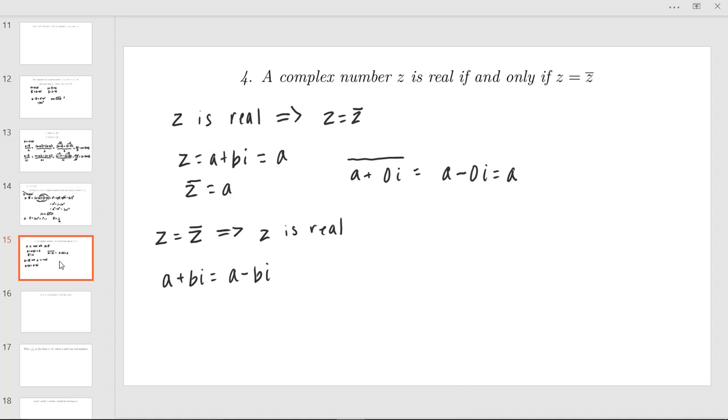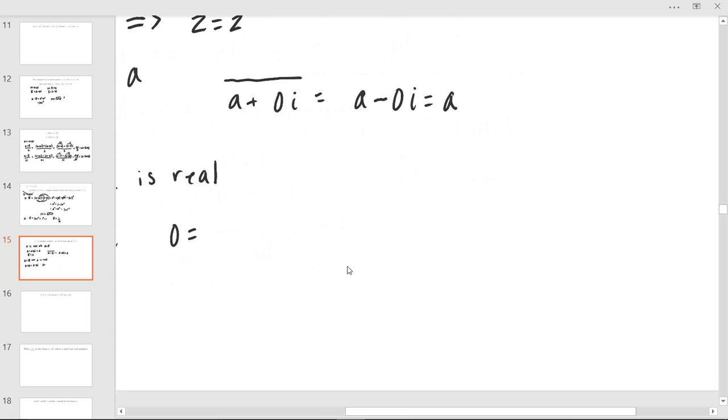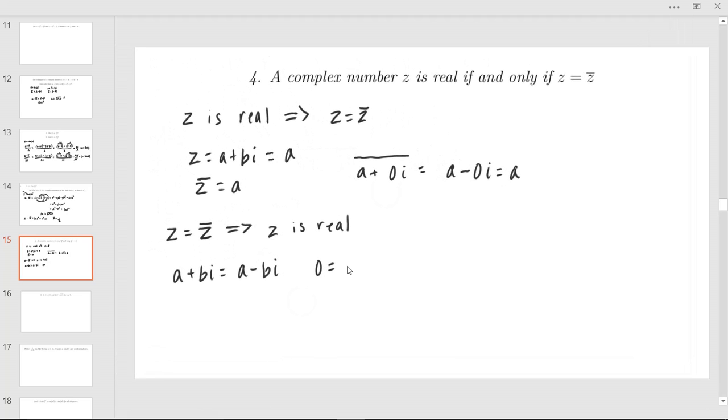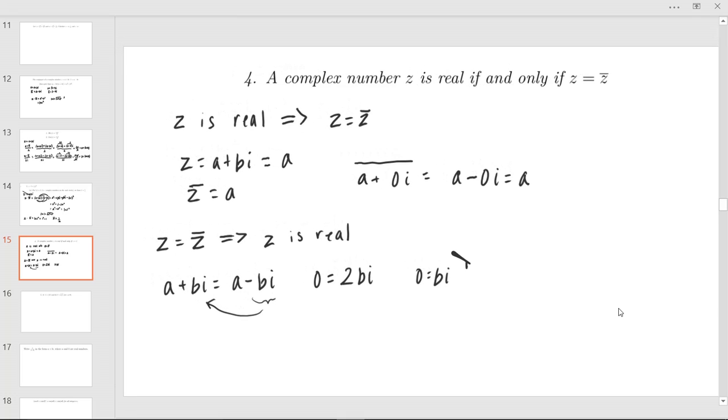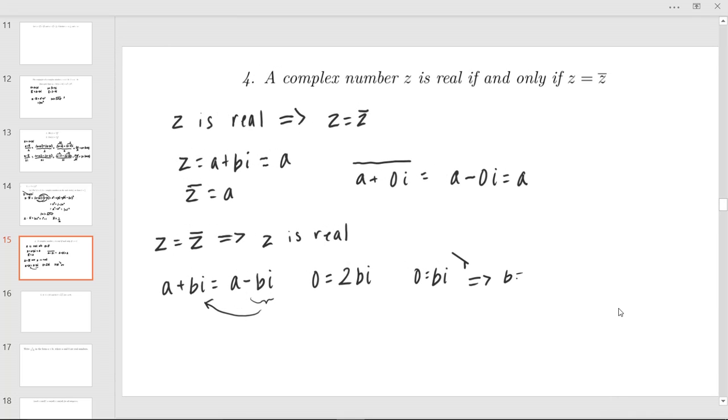If we subtract a from both sides and take the negative bi over to this side, we have 0 is equal to 2bi, or 0 is equal to bi. This forces b to be 0, so b is equal to 0. Hence, z is equal to a plus 0i, which is equal to a. So z is real.